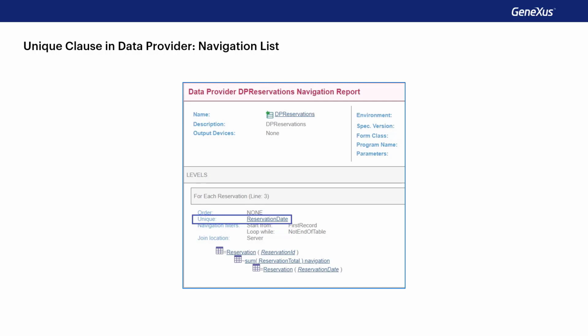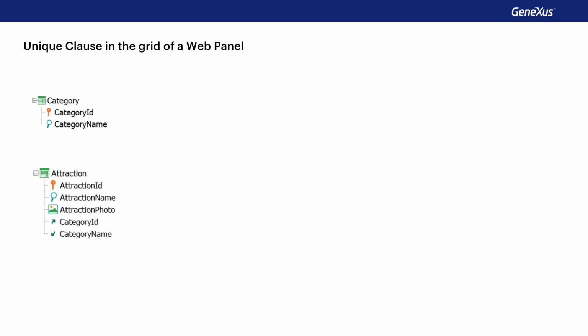We've seen the use of the unique clause in forEach commands and in data providers. Let's now see that it's also possible to use it in the grid of a web panel. So let's consider again the categories and tourist attractions. We're going to design a web panel that shows all the categories that have registered tourist attractions.